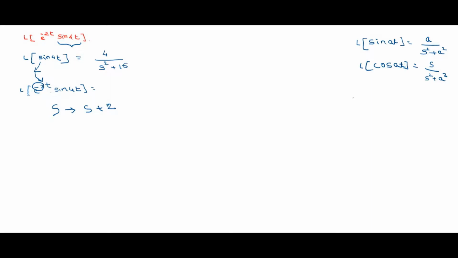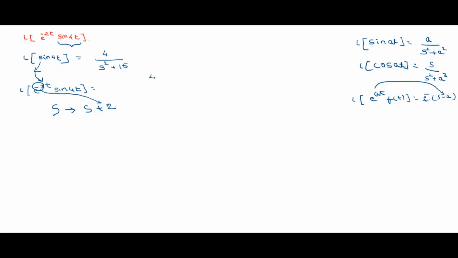I will write the formula. Laplace transform of e raised to at into f of t is equal to f bar of s minus a. If it is plus a, here you can write minus a. Similarly here, if it is minus 2, here you can write it as plus 2.